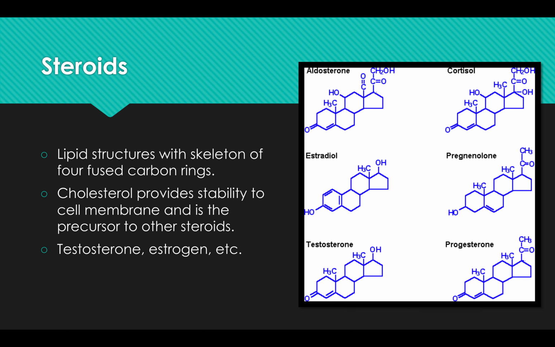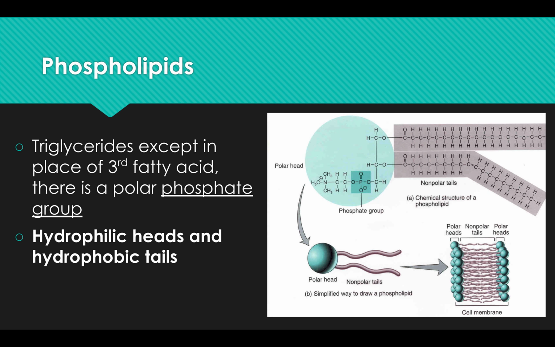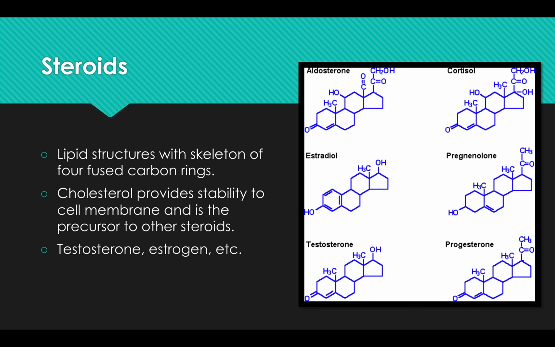Steroids, I will ask you one question, I think, from this slide. I will ask you a question, by the way, from phospholipids too. Steroids are lipid structures with a skeleton of four fused carbon rings. Four of them. Cholesterol provides stability to cell membranes and is the precursor to other steroids.